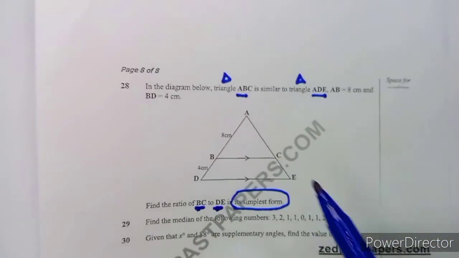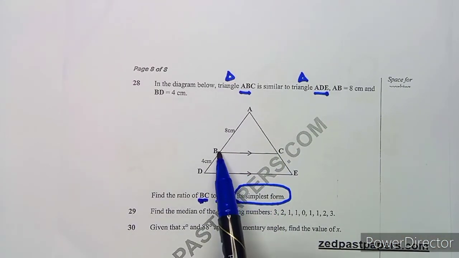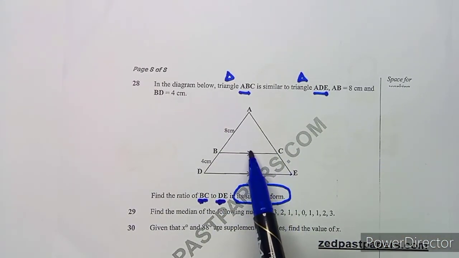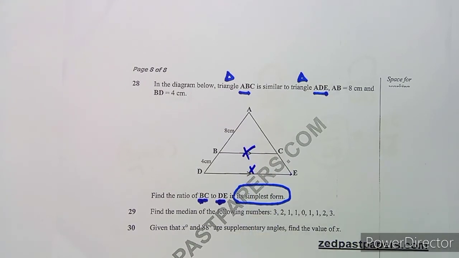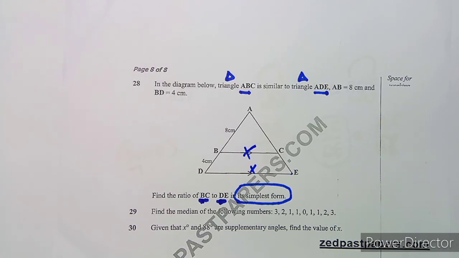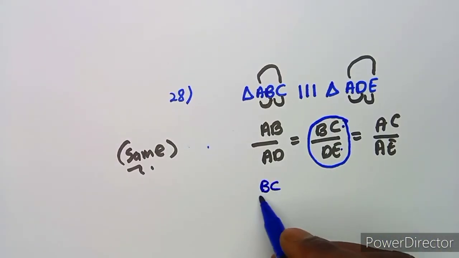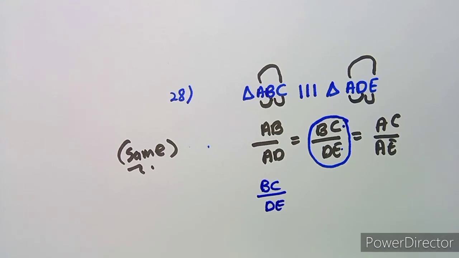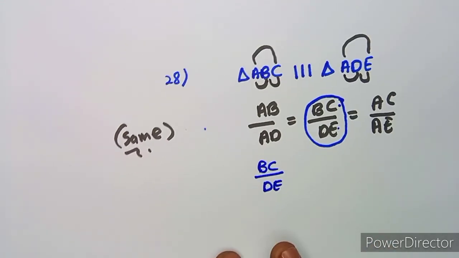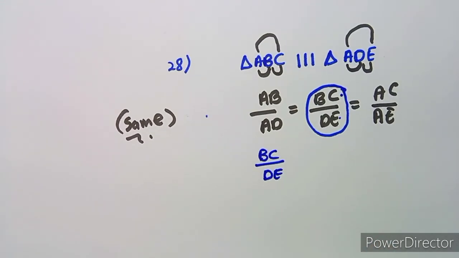But the reason I can't just use this diagram is that I don't have this on the diagram. So we have to use this ratio and find something that can replace it, because the ratio is the same. So what you're going to do is take your BC over your DE and equate it to the one that you are given with complete values.